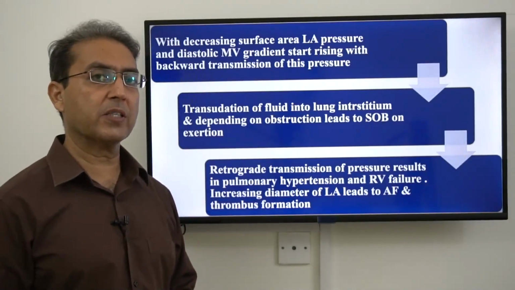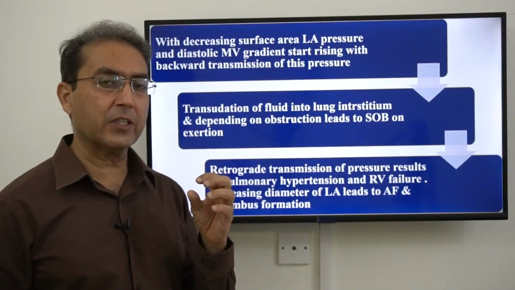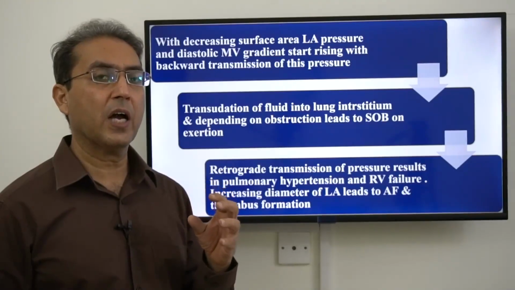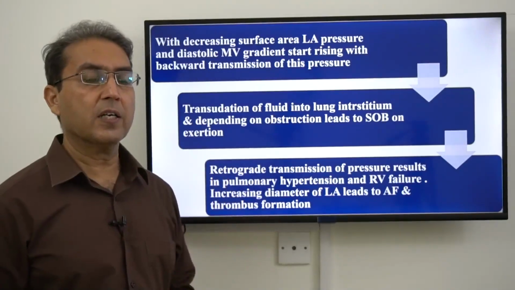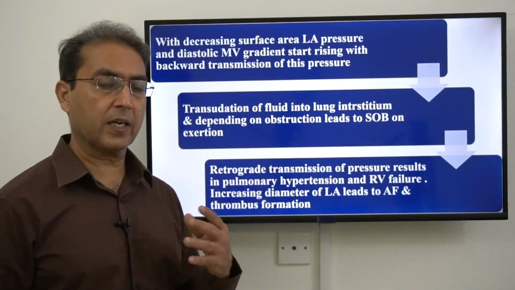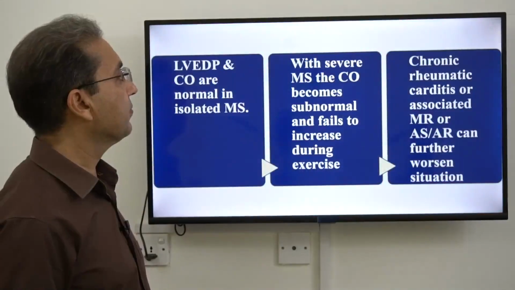When there is atrial fibrillation, the atria are not actually contracting, so that means there is stagnation or stasis of blood in the atria, and this results in thrombus formation, and this thrombus can then dislodge into the arterial circulation and can result in embolic disorders in the systemic circuit.